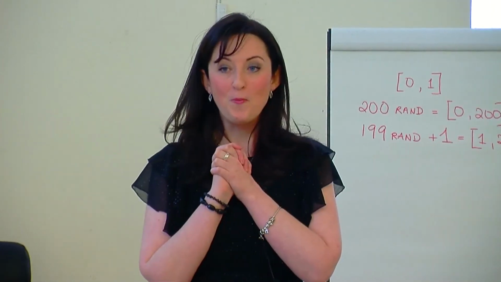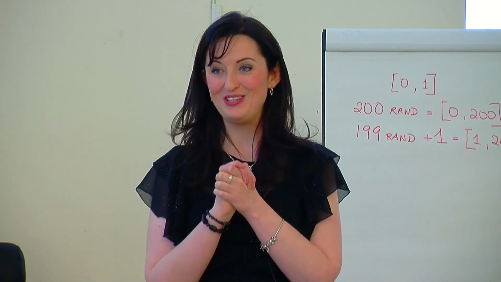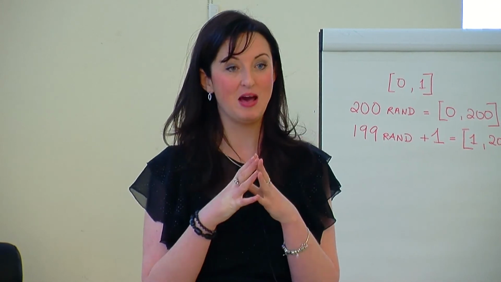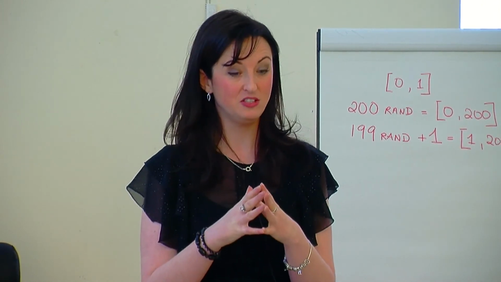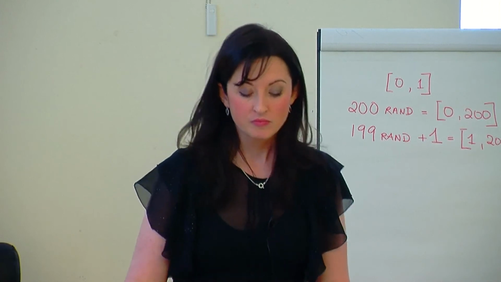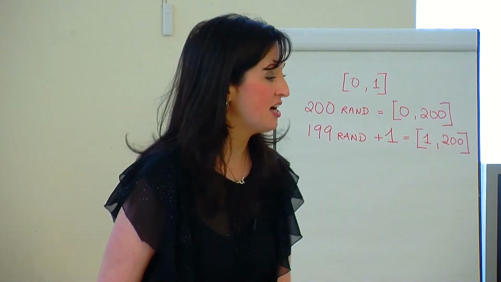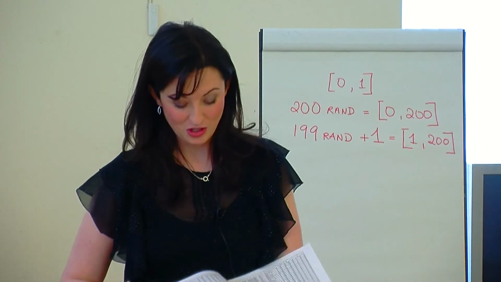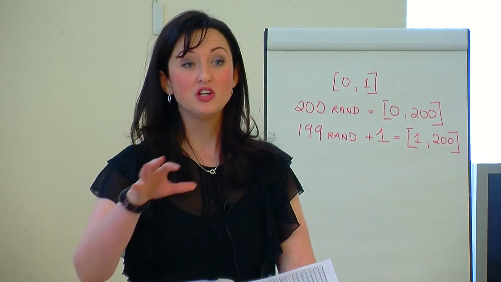So the plan is, what I would like you to do is take a sample of 30 pieces of data, okay? I'll hand you out rulers, because you're in pairs.